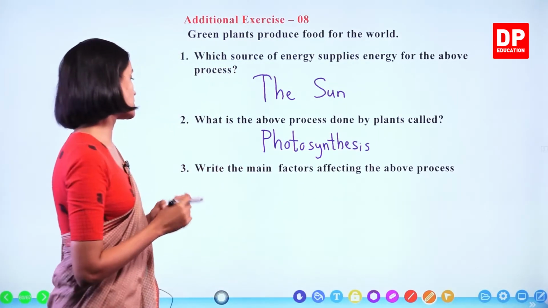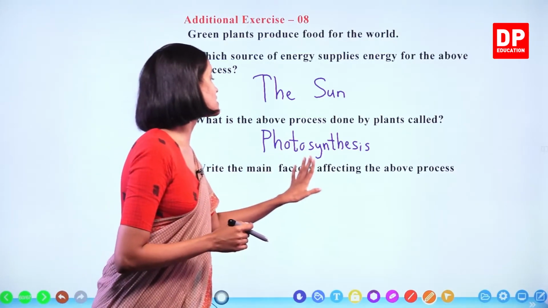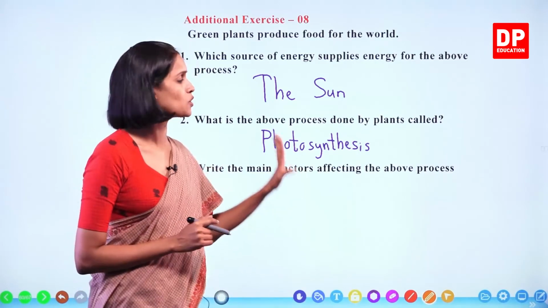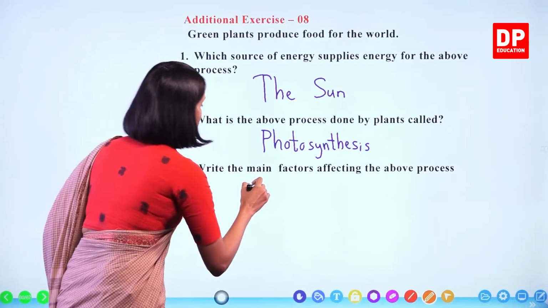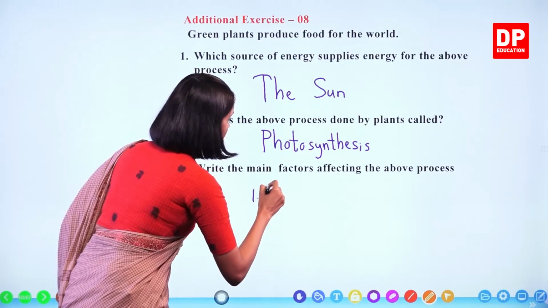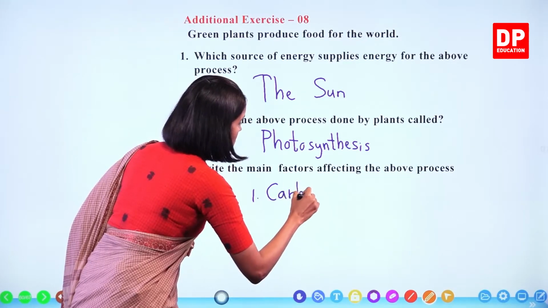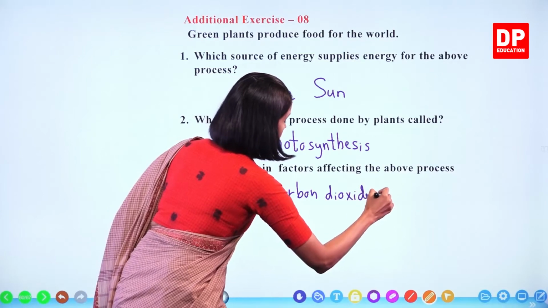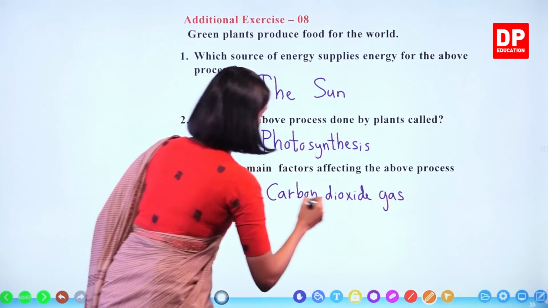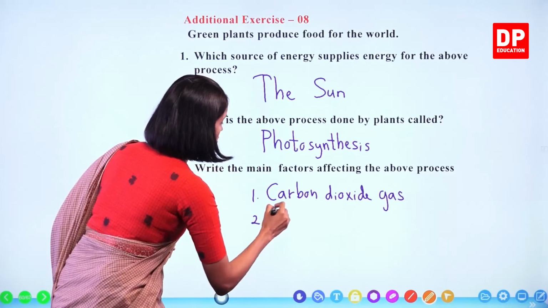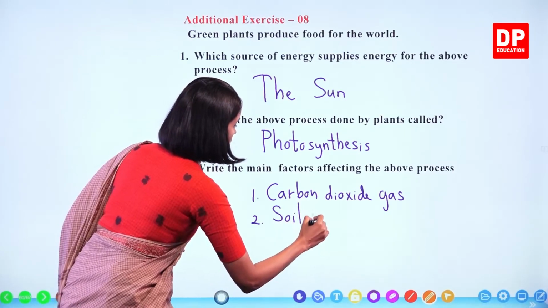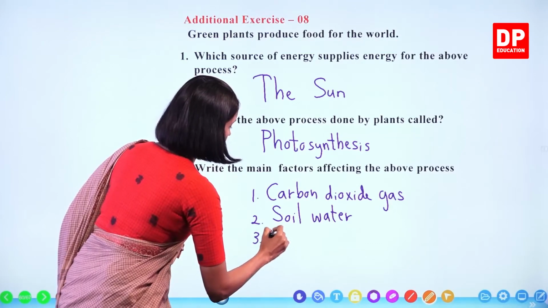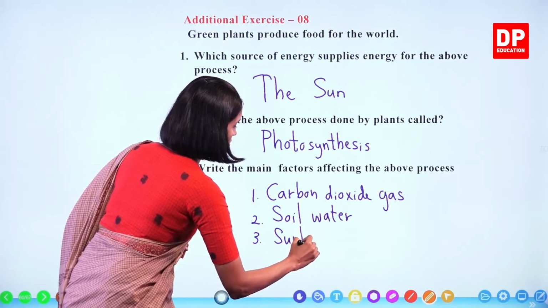Right. Number 3. Write the main factors affecting the above process. There are 4 factors affecting. Now we all know. We'll write number 1. Carbon dioxide gas absorbed from the atmosphere or air. Number 2, soil water. Number 3, sunlight.